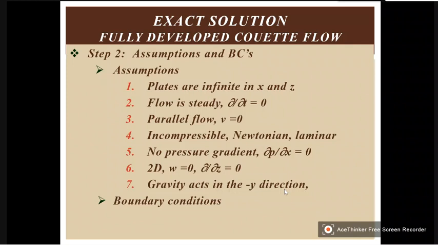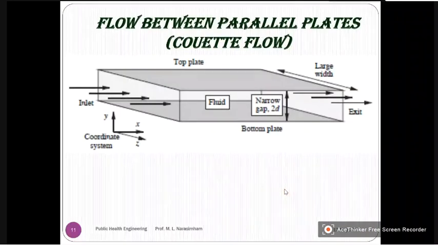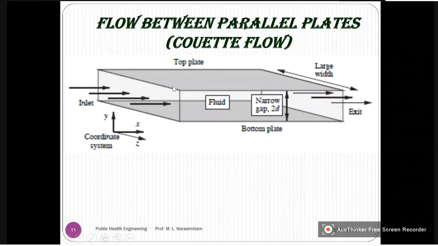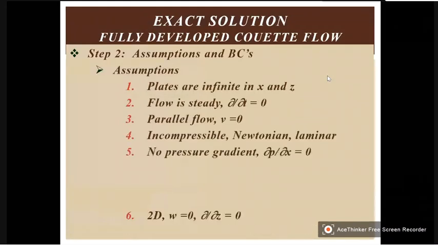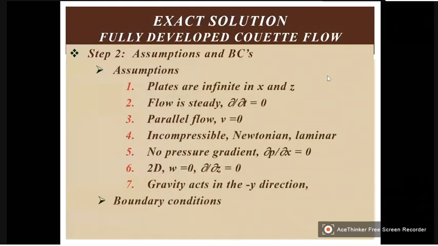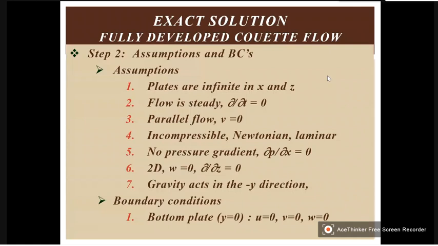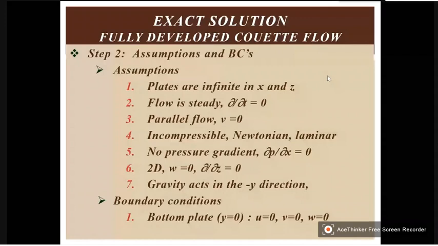So after considering these assumptions and looking at the figure, once again I will project the figure. So with respect to this figure and the boundary conditions, this is a fixed plate, this is a moving plate. So bottom plate, that means y is equal to 0, the velocity is 0 because it is fixed, it is not moving.